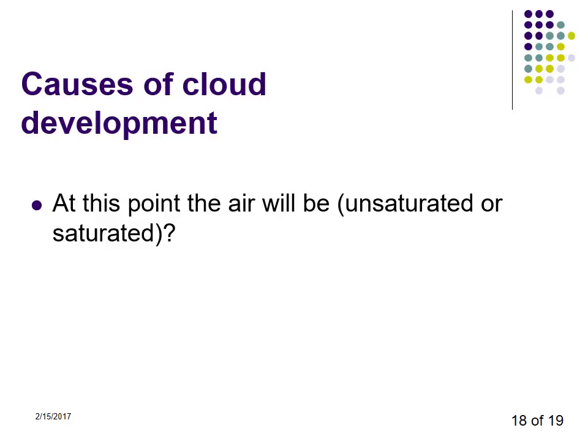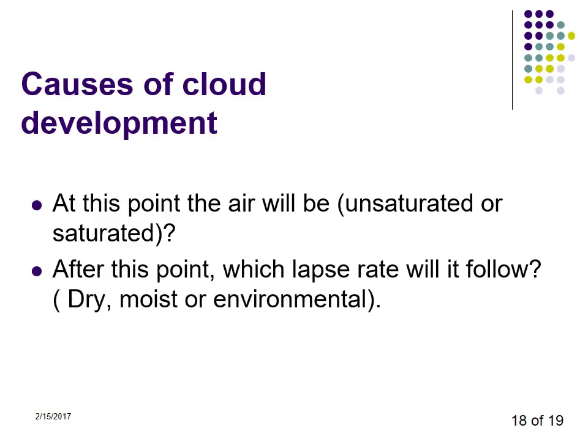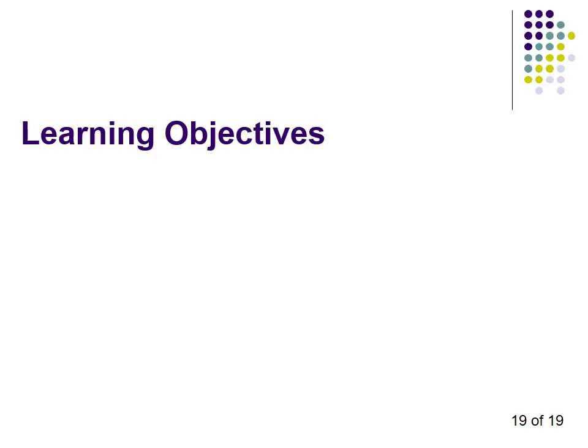Well, since the cloud is formed, we have condensation. That means we have moist, saturated air. So which lapse rate should we be using? We should be using the moist adiabatic rate at that point until the parcel of air is cool enough that it matches the environmental lapse rate temperature, and then it won't rise anymore.